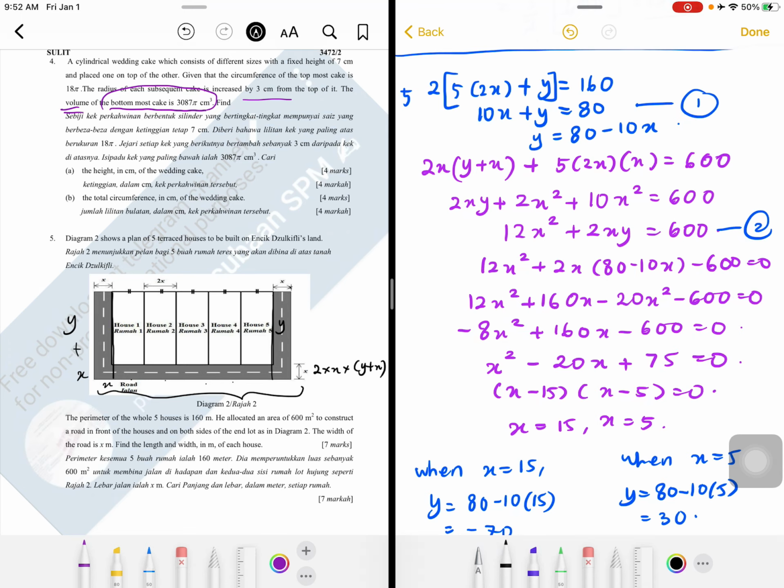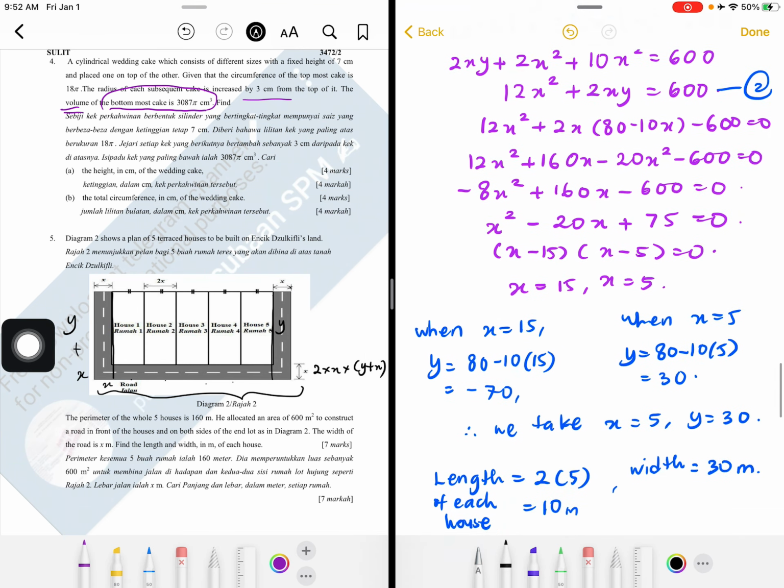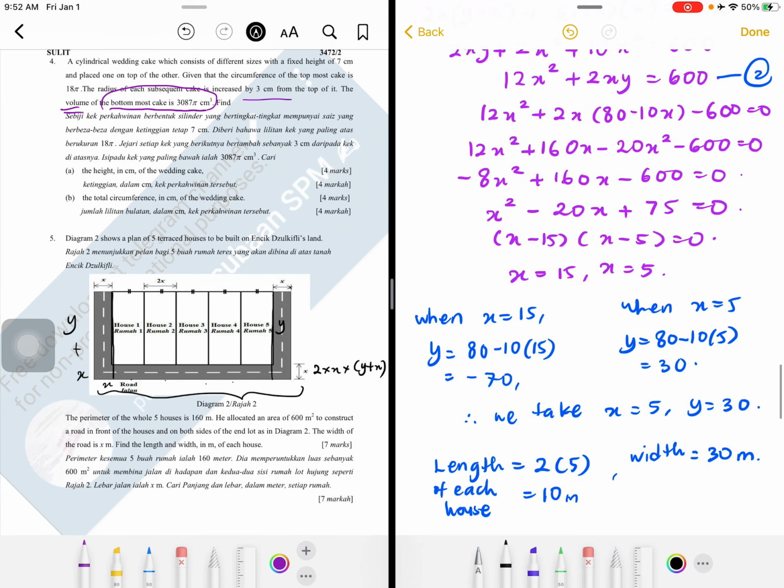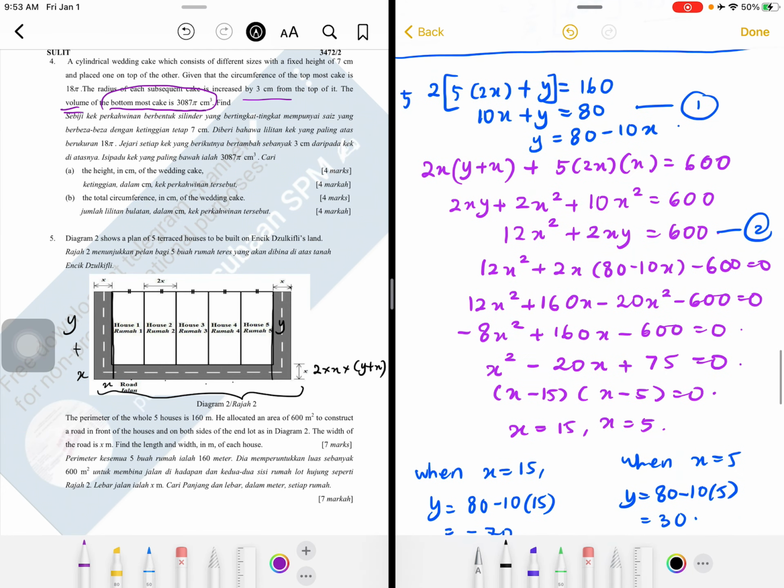Okay. So dia bagi tahu ada 5 rumah. So besar rumah tu, kelebaran rumah tu adalah 2x, tapi panjang dia tak bagi. So what I did is I put the length of the house as the width.